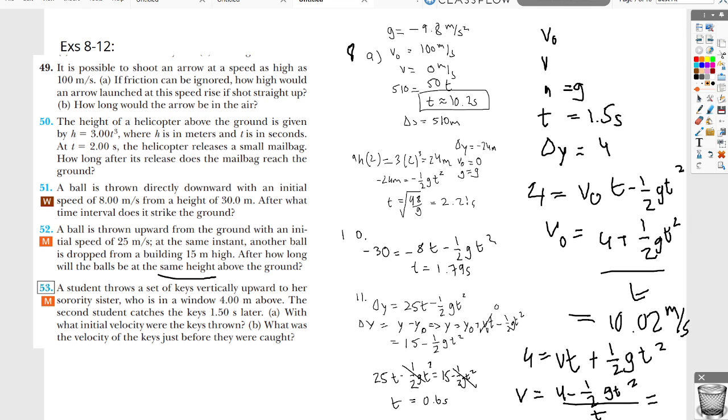Let me see how I can resolve this. Is it still minus 1 half gt squared? It can't be, because that will be the same as the initial velocity.